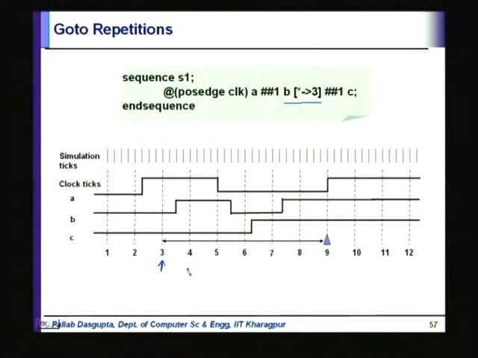Then we have one occurrence of B here, we have another occurrence of B here, there is nothing that happens here, there is nothing that happens here, the third occurrence of B happens here, right, and immediately on the next cycle we check C, right. So, first occurrence of B, second occurrence of B, third occurrence of B, as soon as you have got 3 B's, then check C, right.